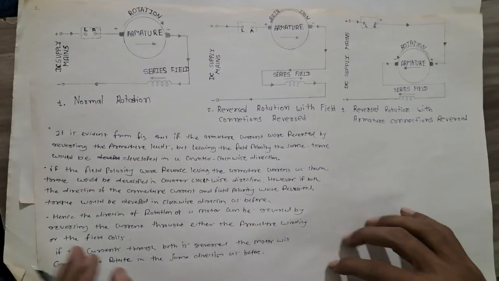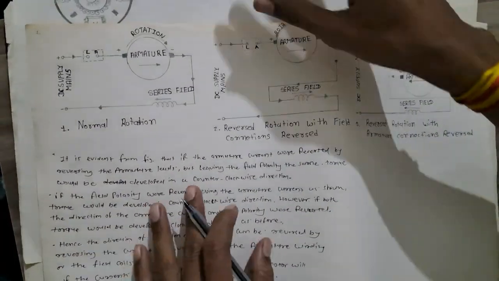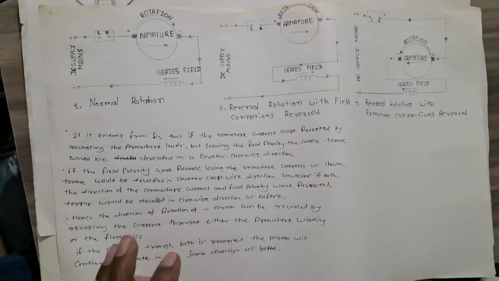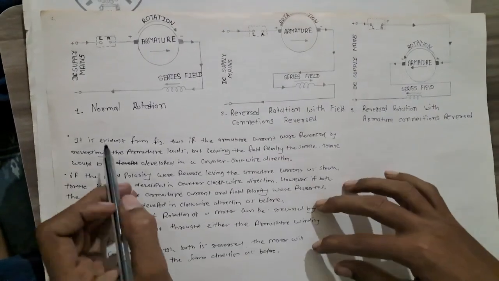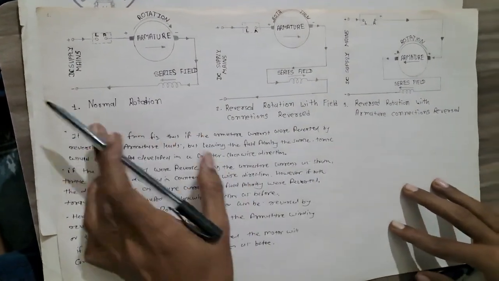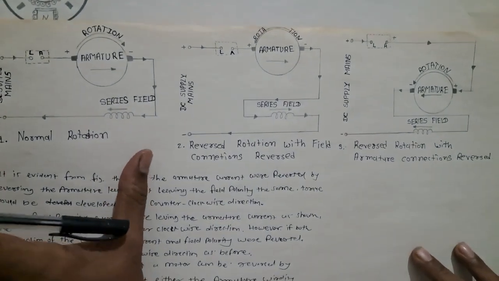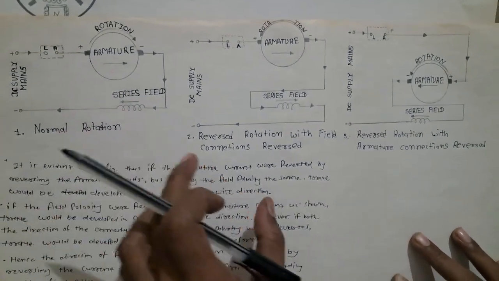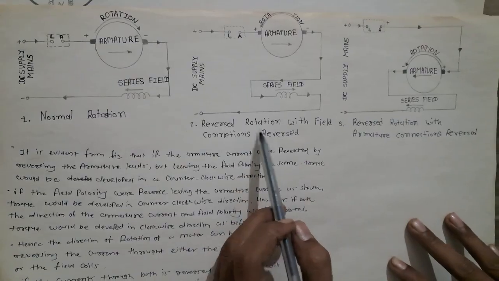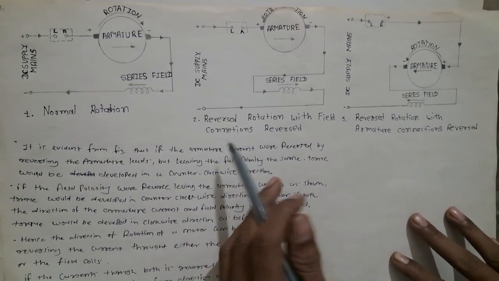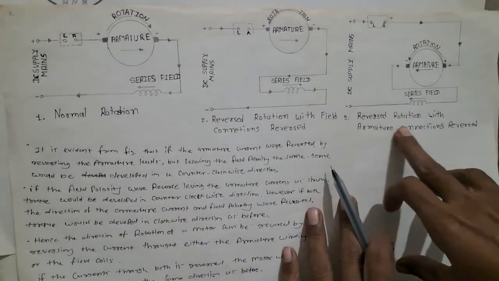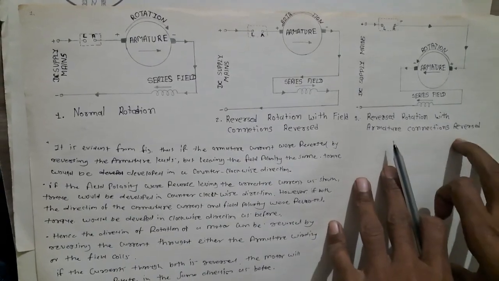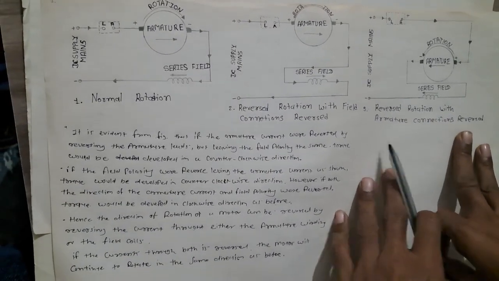Okay, so for the direction of rotation of a DC motor, this is the figure: this is the normal rotation, reverse rotation with field connection reversed, and the third is reverse rotation with armature connection reversed.